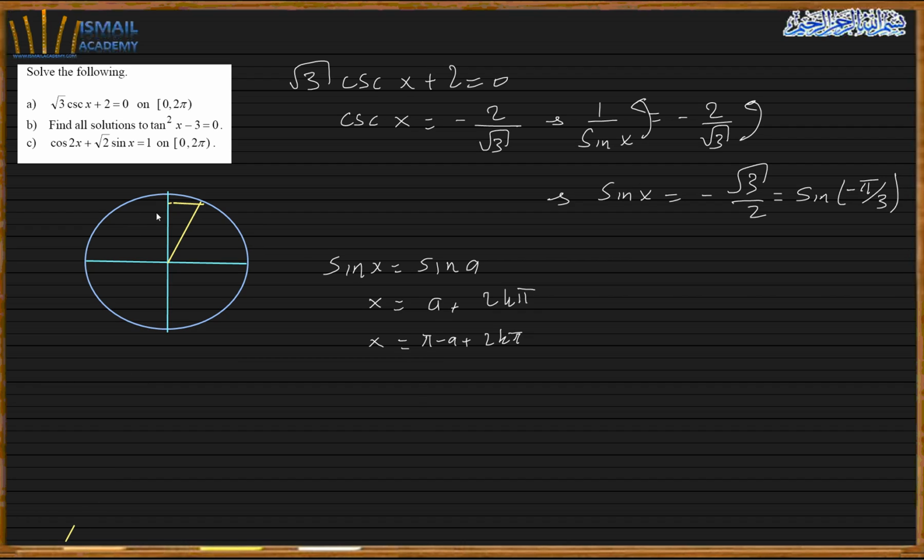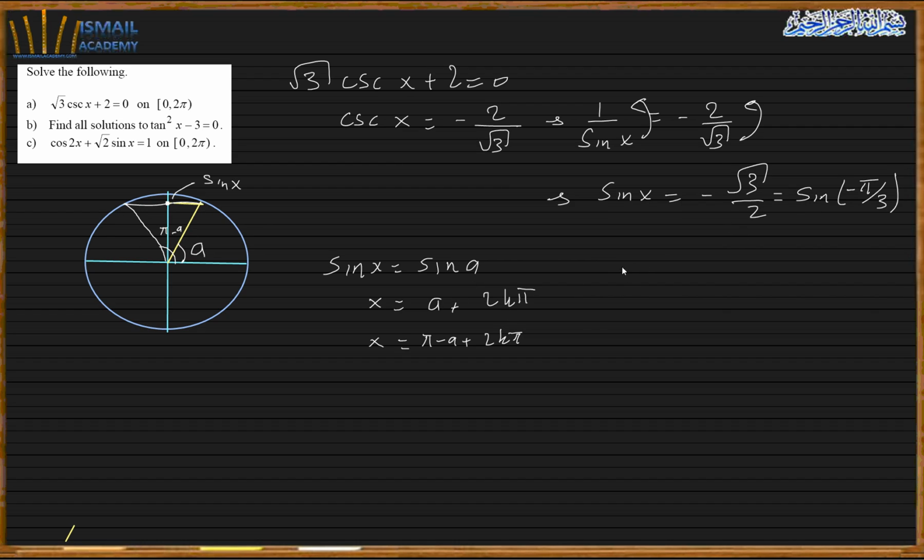Because if I project this one here, you see this is a and this is pi minus a. As you see, they share the same sine. So this is my sine of x, either for a or pi minus a. The 2k pi just means the coterminal angle, because if I do a full rotation again, I will have the same angle.